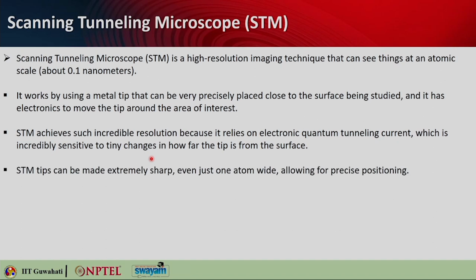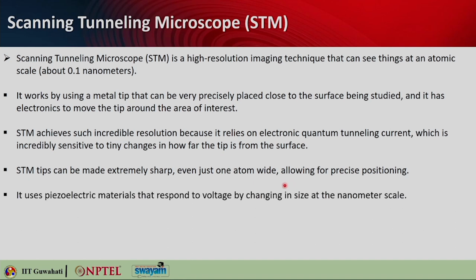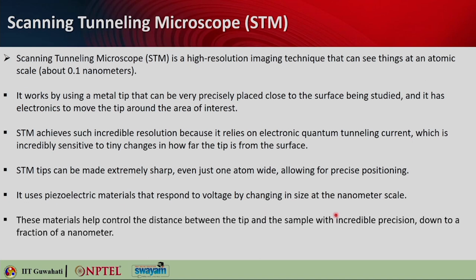So, the STM tip can be made extremely sharp, and when I say extremely sharp, it is like just 1 atom wide, okay, so that it allows precise positioning, and it has to be there because the resolution we are talking about is in terms of 0.1 nanometer, and it uses piezoelectric material that responds to voltage by changing in size at nanometer scale.